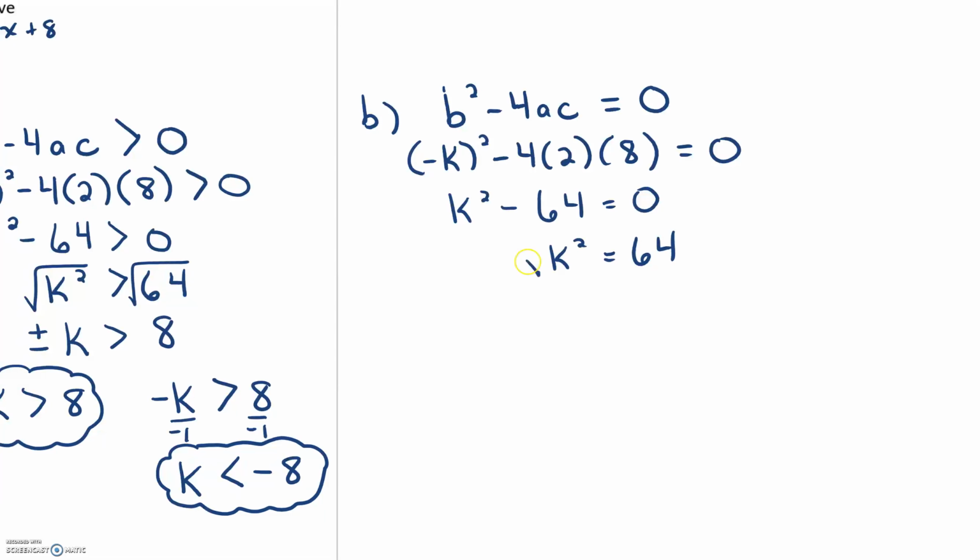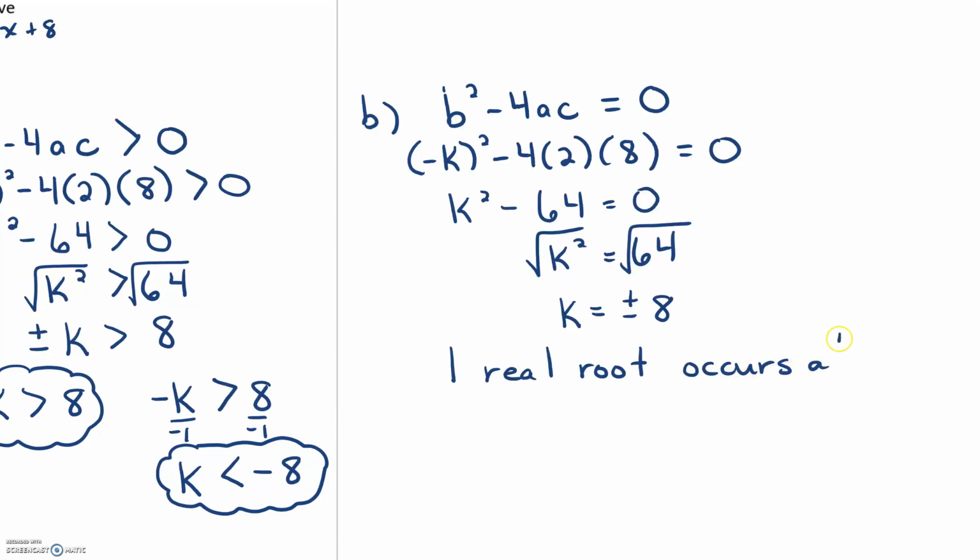Because it's equals, at this point you can do the square root, and you can say that k equals positive or negative 8. So there's one real root when k is equal to either plus 8 or negative 8. One real root occurs at k equals 8 or k equals negative 8.